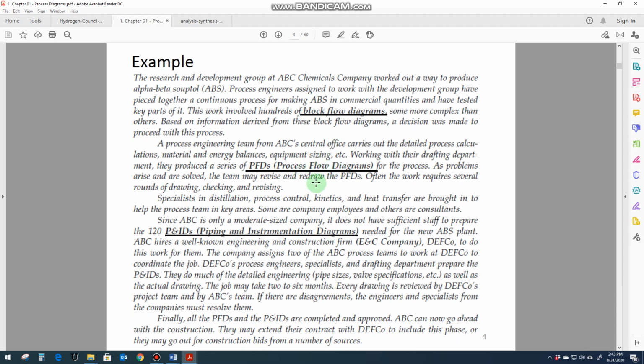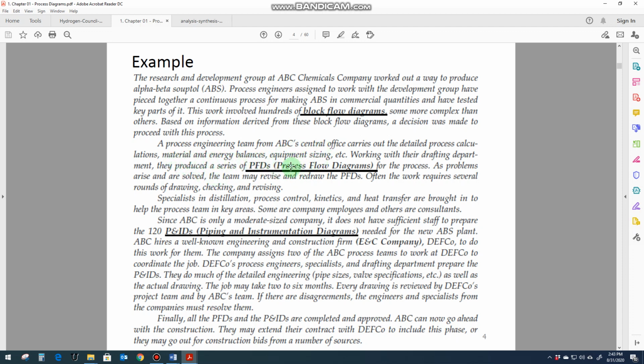Apart from this, you would have information about the material and the energy balance, and what is the size of each of the equipment. That will make the process flow diagram. So as we move from the block flow diagram to the process flow diagram, there will be additional information on the material streams and the equipment sizing.